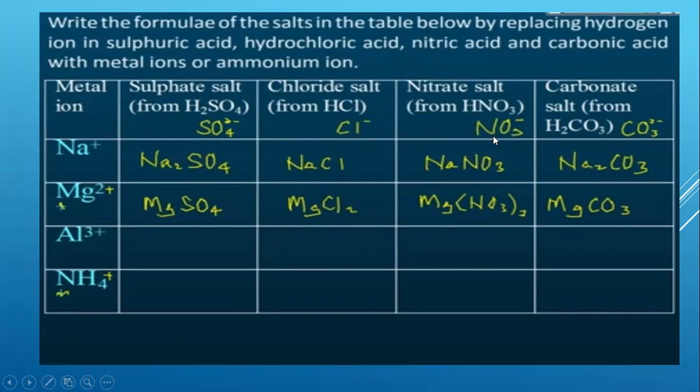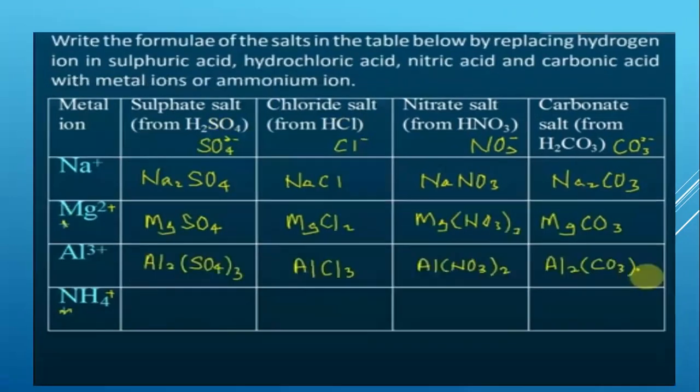Magnesium gains nitrate ion from nitric acid to produce magnesium nitrate. Magnesium reacts with carbonate ions from carbonic acid and forms magnesium carbonate. Come towards next, that is aluminium. In the same way, aluminium reacts with sulfate and forms a salt, aluminium sulfate.